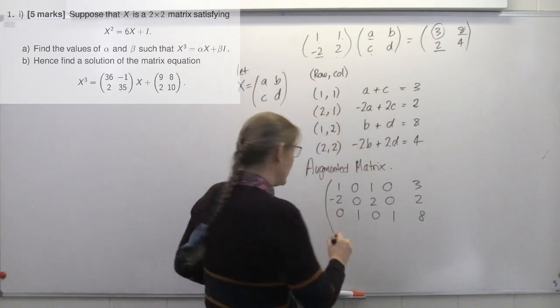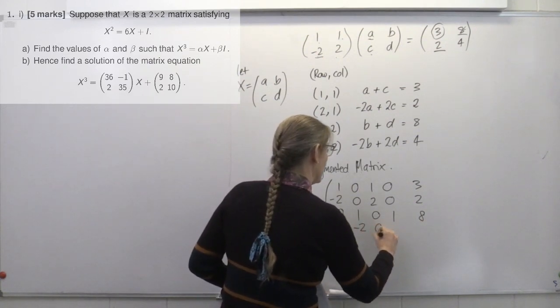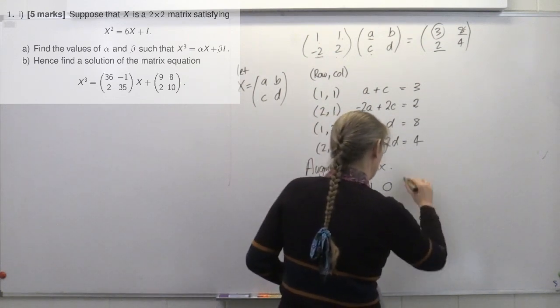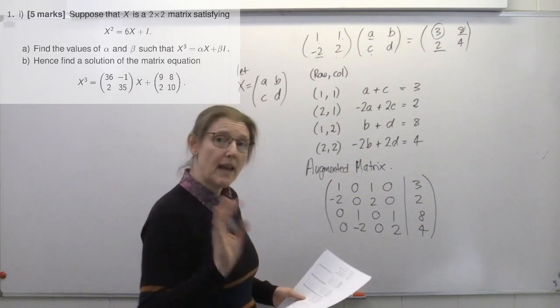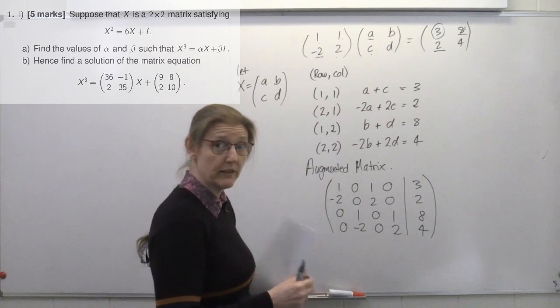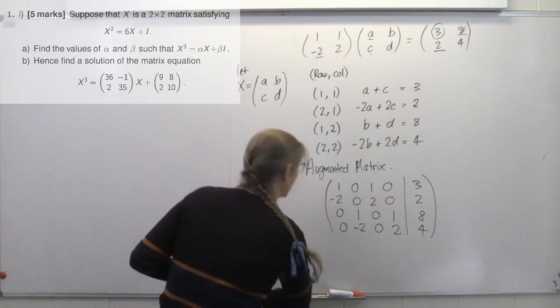And our fourth equation says 0A minus 2B plus 0C plus 2D is equal to 4. Okay, so now let's use our knowledge about matrix manipulations to reduce this to row echelon form.